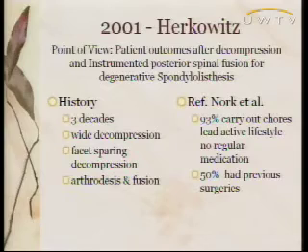That led to a response by Herkowitz. So Herkowitz keeps coming up. And Herkowitz now says that decompression and fusion is a better way to treat degenerative spondylolisthesis. And he goes over the history of what's gone on before, and then he quotes Nork, looking for that outcome study.